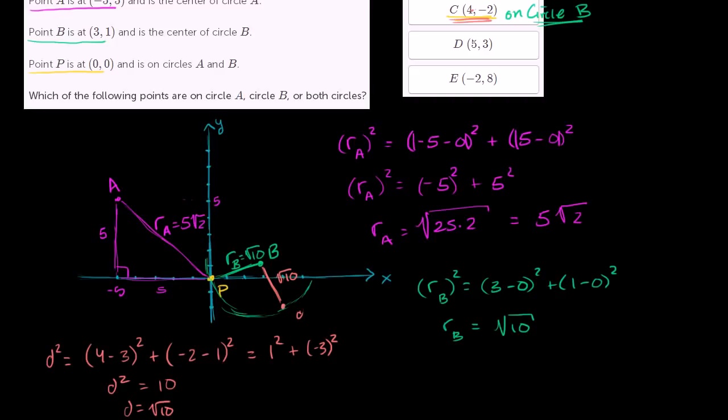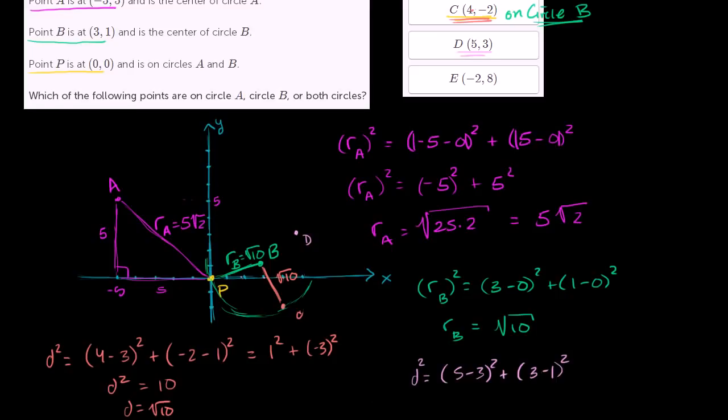I'll do that in pink. So 1, 2, 3, 4, 5, 3. This looks close, but let's verify just in case. Our distance squared is going to be our change in x squared. So 5 minus 3 squared, plus 3 minus 1 squared, change in y.